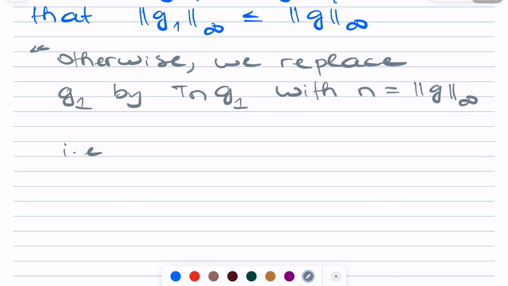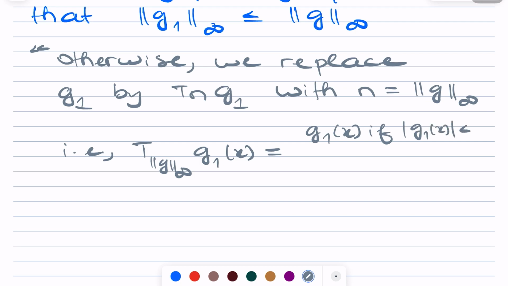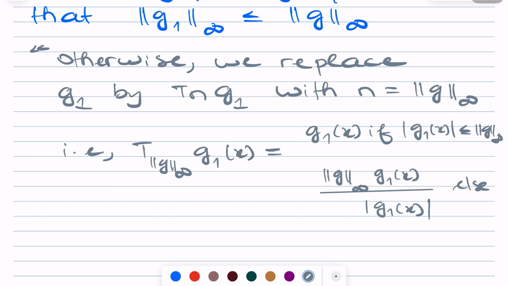So this means that T of g1 of x will be equal to g1 of x if the absolute value of g1 of x is less than or equal to the infinity norm of g, and this will be the infinity norm of g times g1 of x divided by the absolute value of g1 of x otherwise.